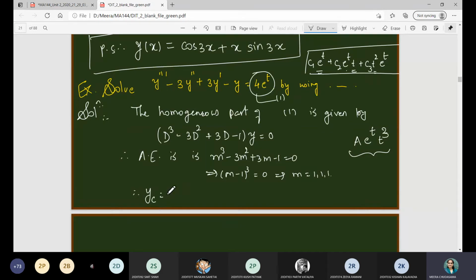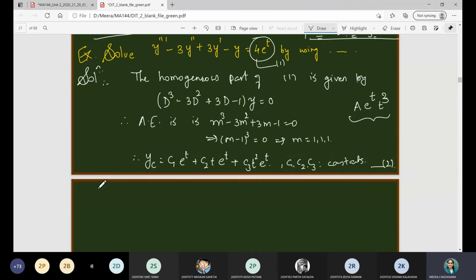Therefore, yc is equal to c1 e raised to t plus c2 t e raised to t plus c3 t square e raised to t. c1, c2, c3 are constants. Let me give this as equation number 2. So after that, let y1 be e raised to t, y2 be t e raised to t and y3 be t square e raised to t.